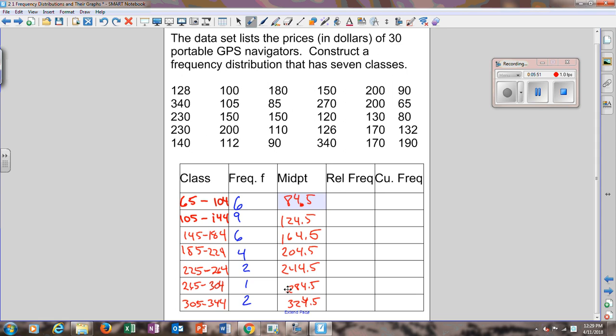So now when we do relative frequency, it's going to be the frequency divided by the total number. So in this case, it's going to be 6 divided by 30. So when we do 6 divided by 30, we get 0.2. The next frequency is 9, so you do 9 divided by 30, which is 0.3.